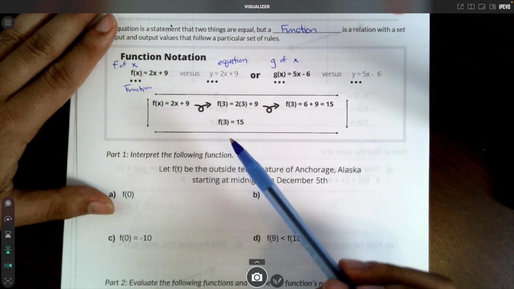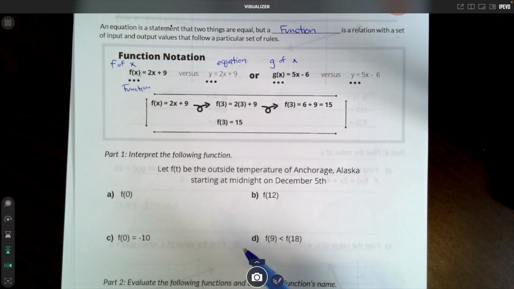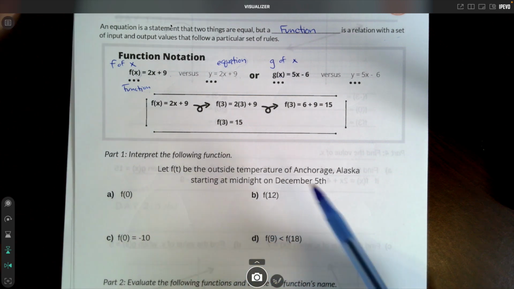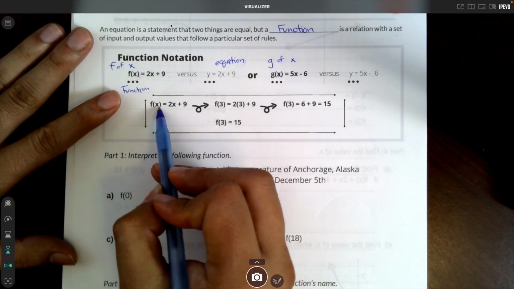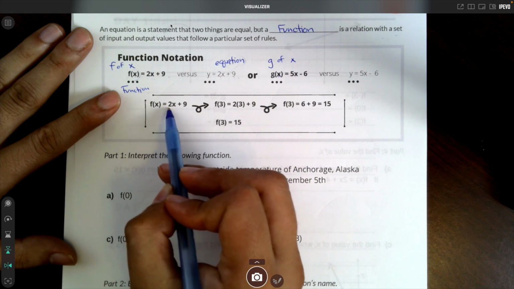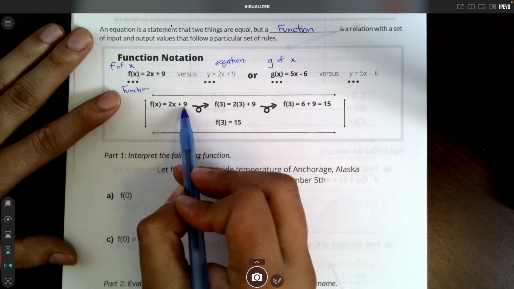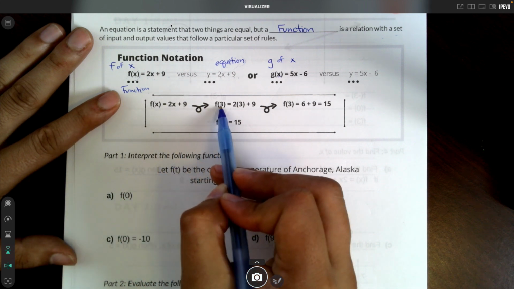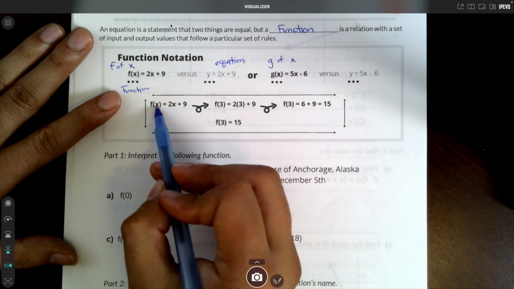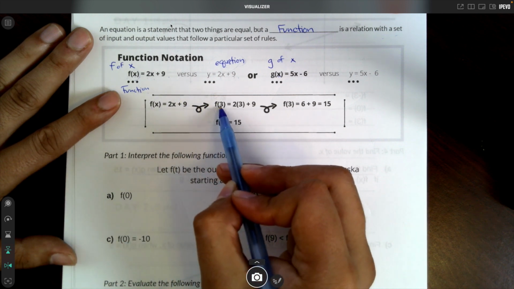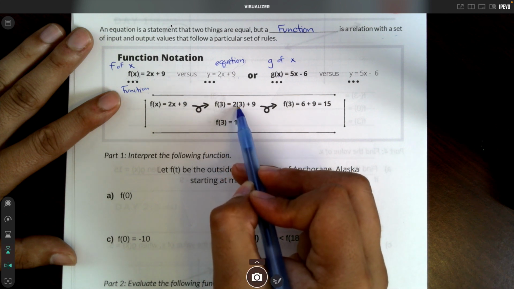And the reason we have function notation is because it makes it easy for us to say what is being plugged in. So this is f of x, and this f of x is 2x plus 9. But if I say what's f of 3, notice I now replace x with 3.